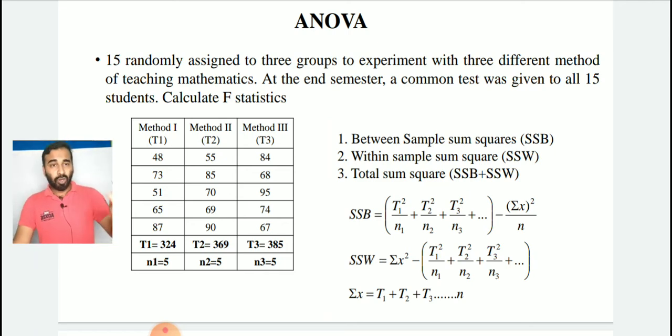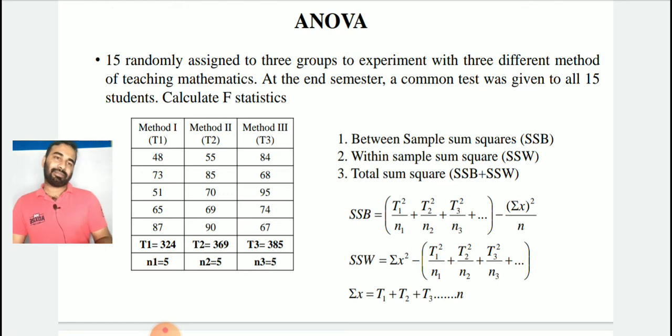Then what is SSW? SSW means sigma x square minus the same thing, T1 square divided by N1 plus T2 square divided by N2 plus T3 square divided by N3. What is sigma x here? Sigma x is nothing but T1 plus T2 plus T3.